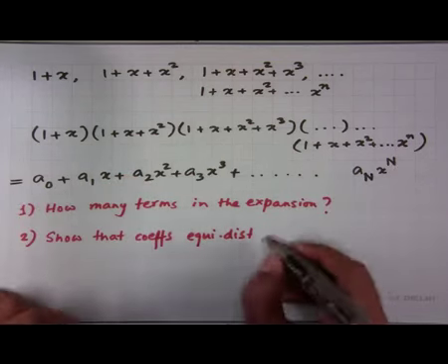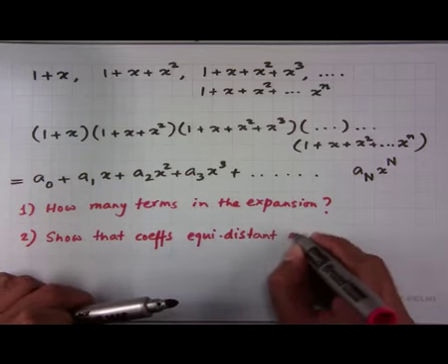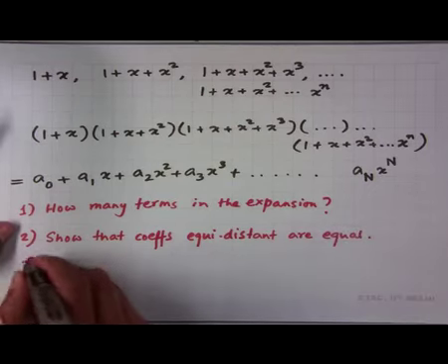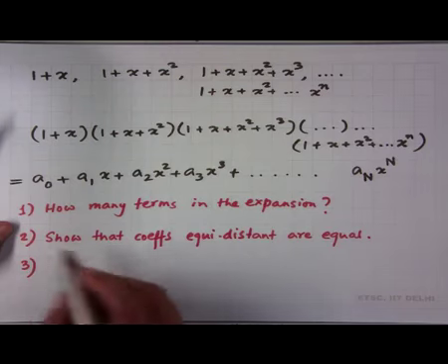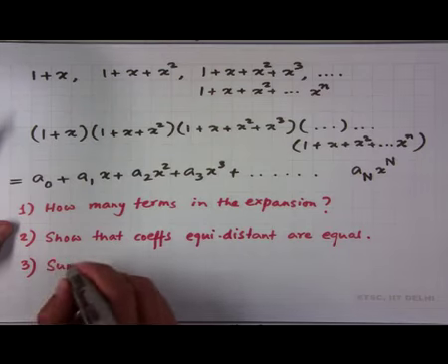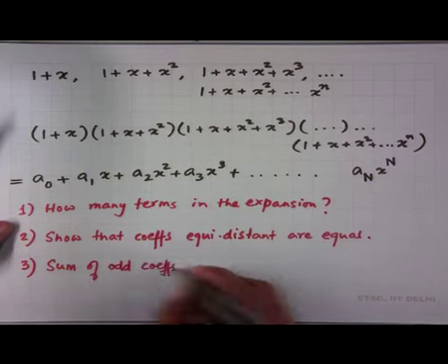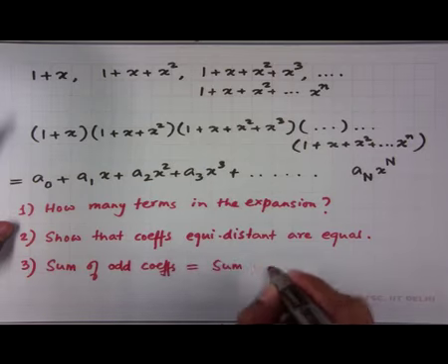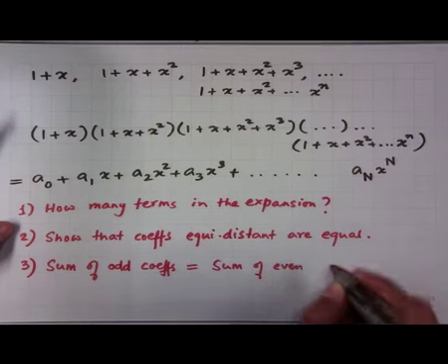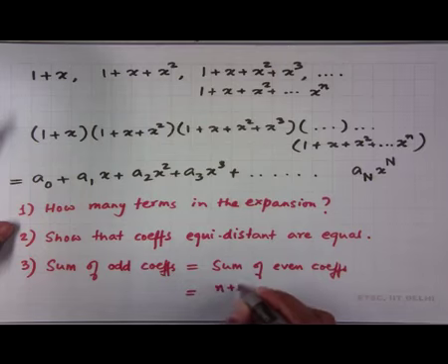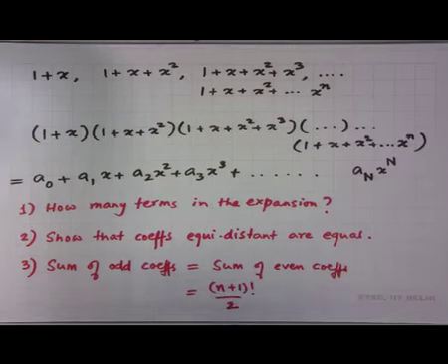So, these are coefficients that are equidistant, and they are equal. And 3, sum of odd coefficients is equal to sum of even coefficients is equal to n plus 1 whole factorial by 2. So, you have to prove these three. First question you have to answer and the remaining two you have to prove.